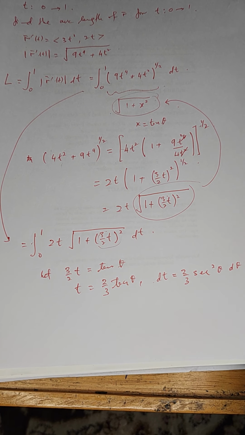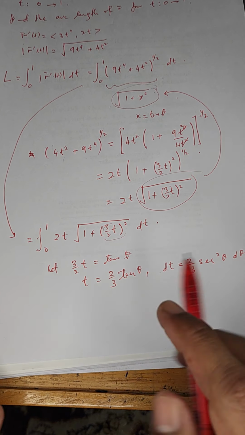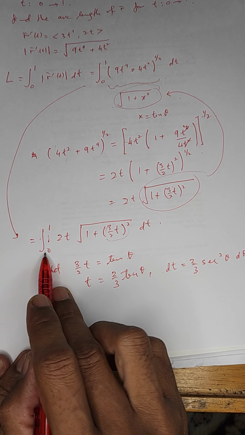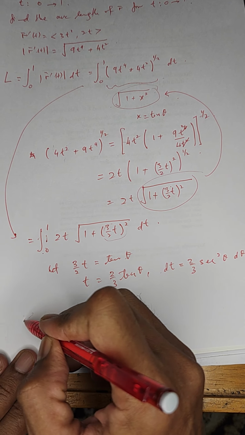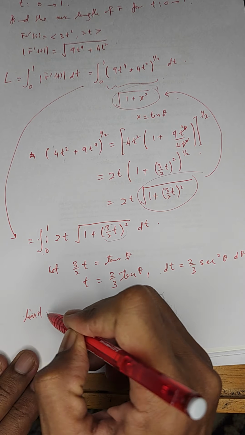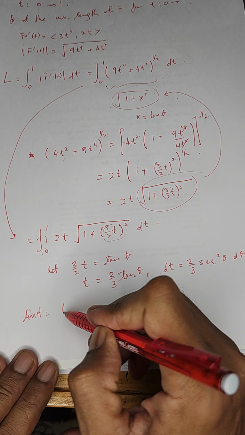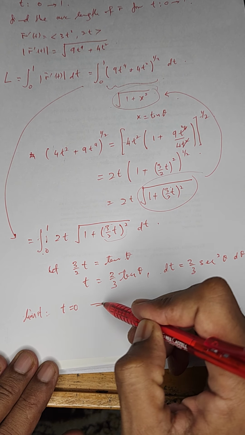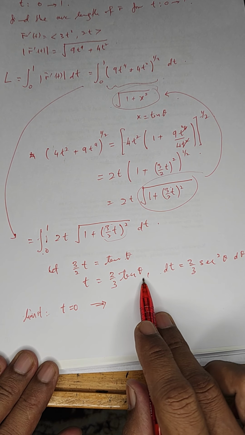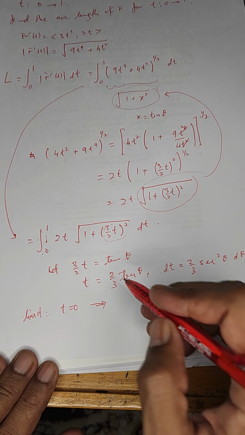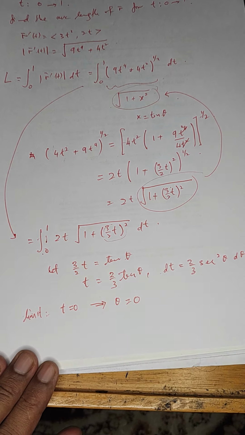Now what about the limits? When t equals 0, which is the lower limit of integration, tangent theta is 0, so theta is equal to 0.